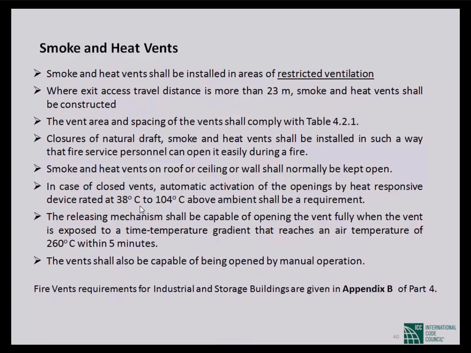The vent for industry and storage is a very deciding factor. That will be talked about differently, and it is given in Appendix B, which I will talk about when it comes in Part 4. That will not be considered for this lecture. It will be considered in the second lecture, where I will give detail about how we design vents for buildings, particularly for industry and storage.